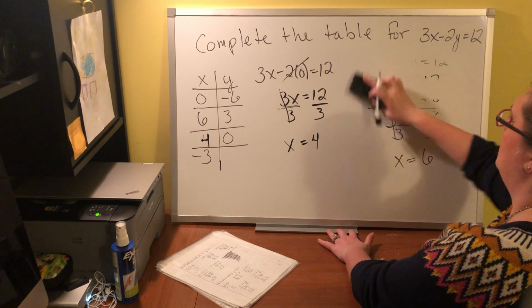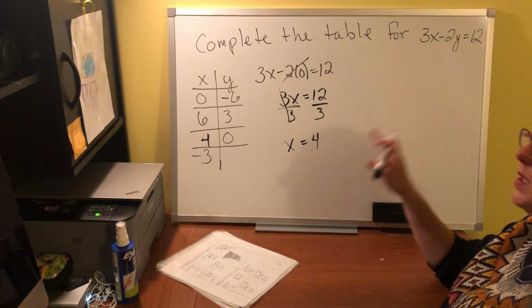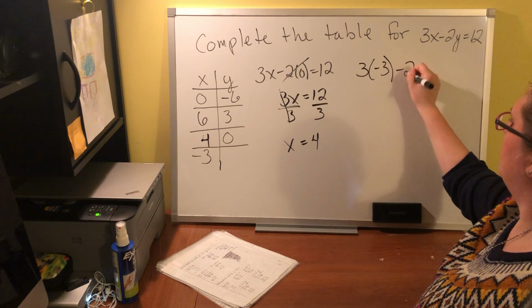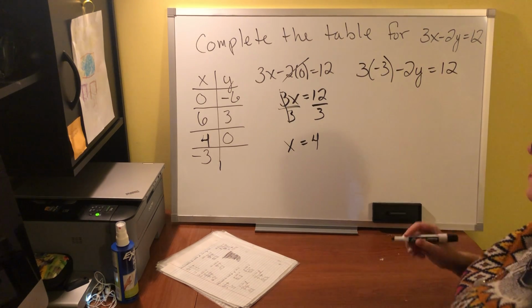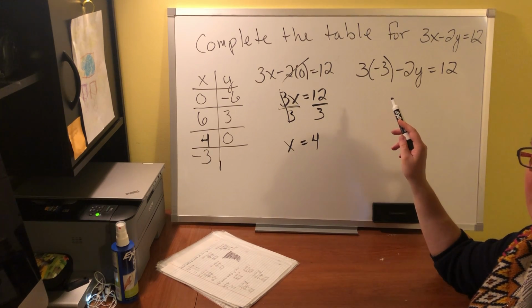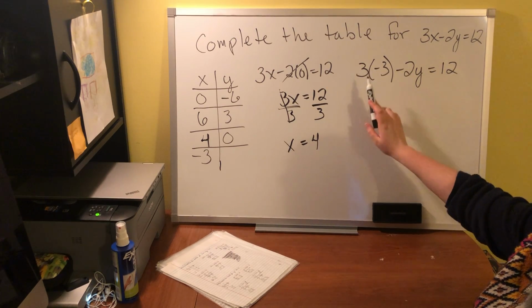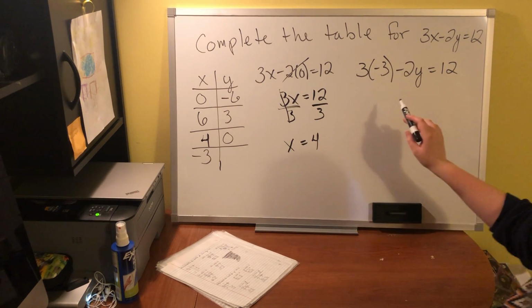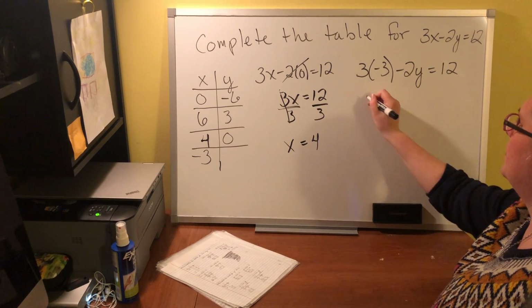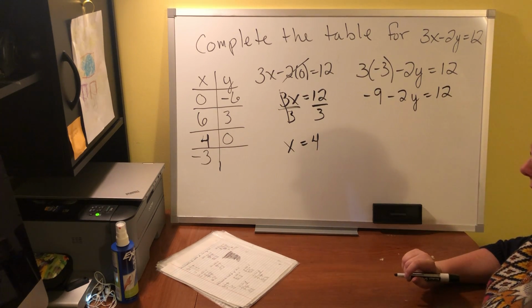And we have one more. We have negative 3 that we need to substitute in for x. So I have 3 times negative 3 minus 2y equals 12. When you're substituting these values in for your variables, make sure you put in your sets of parentheses so that this doesn't become 3 minus 3. This is 3 times negative 3, so it's multiplication. From here we simplify. 3 times negative 3 is negative 9 minus 2y is 12.